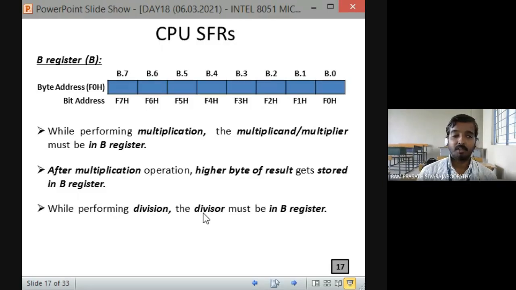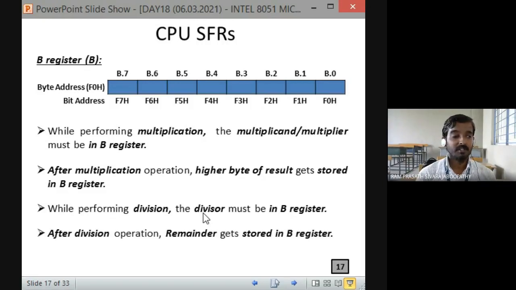Similarly, when you divide a number by another number, what result will you get? Quotient, and what about the other thing?